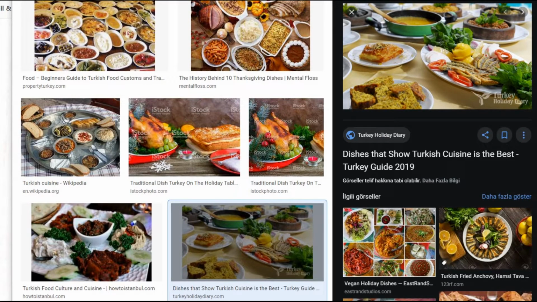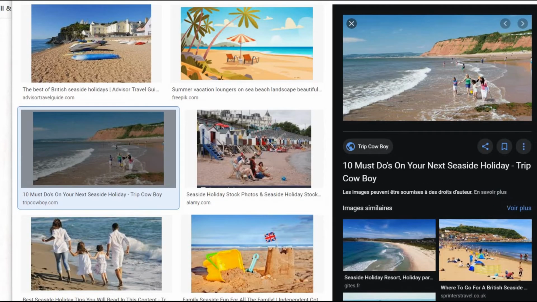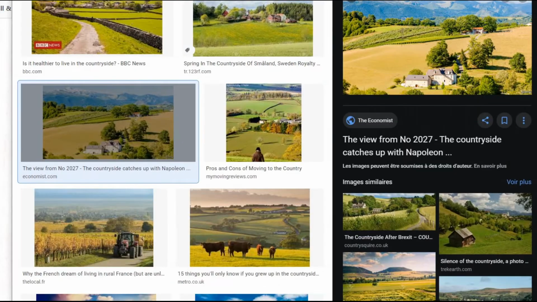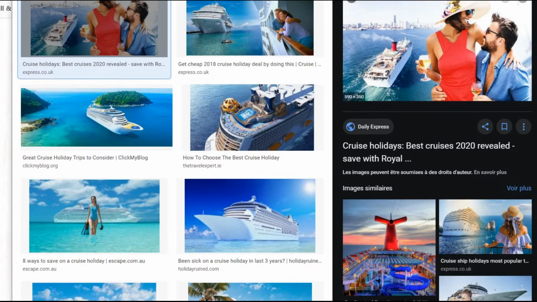This is a picture of a cruise holiday. This is a ship, okay? Those are two people celebrating their own holiday.